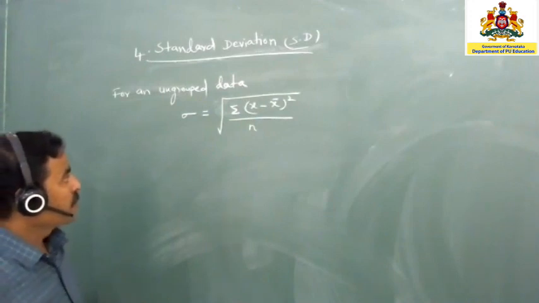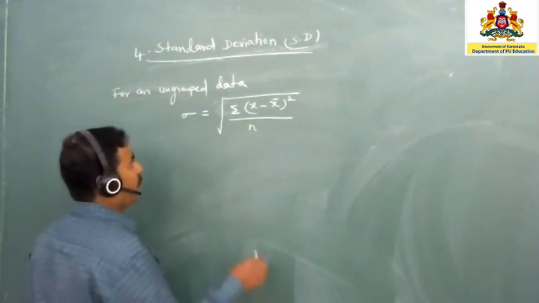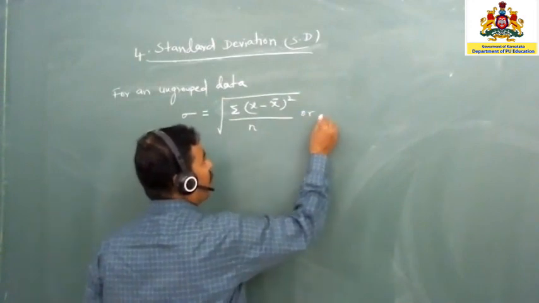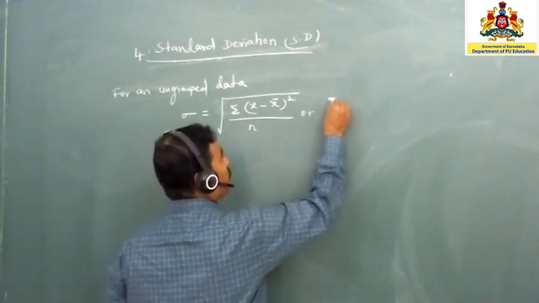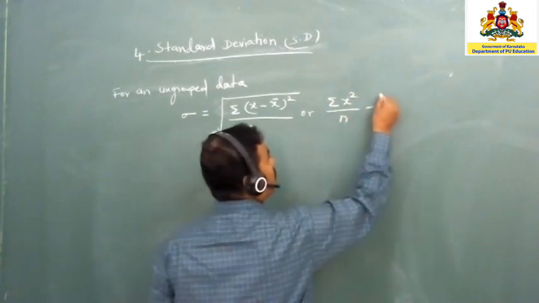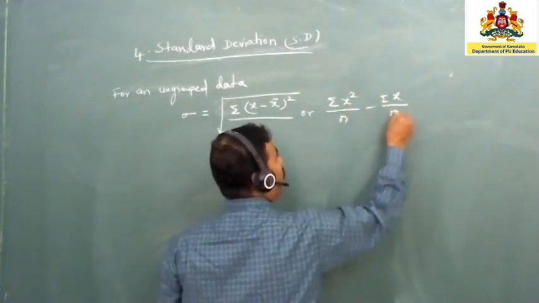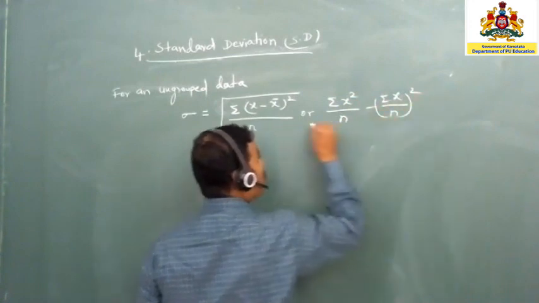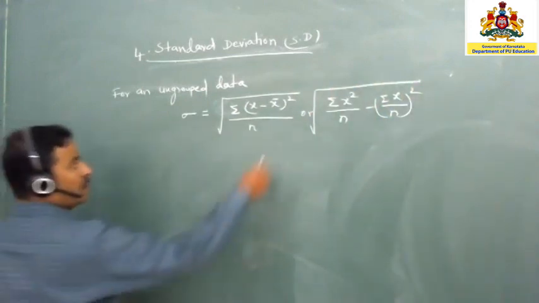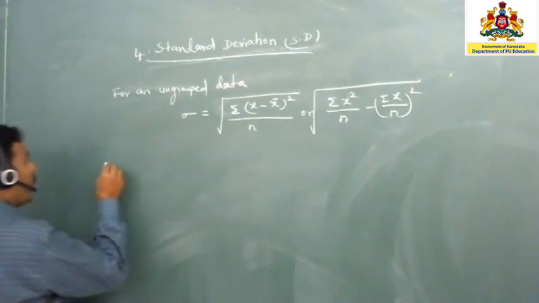Or, for easy calculations, you can use the same method: summation x square by n minus summation x by n whole square. Use this formula for calculations.